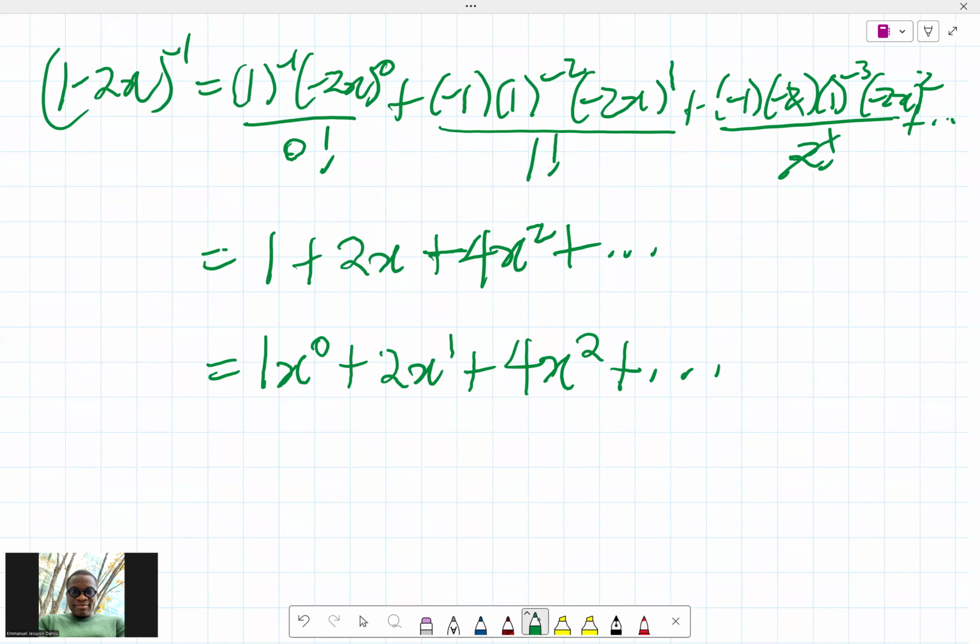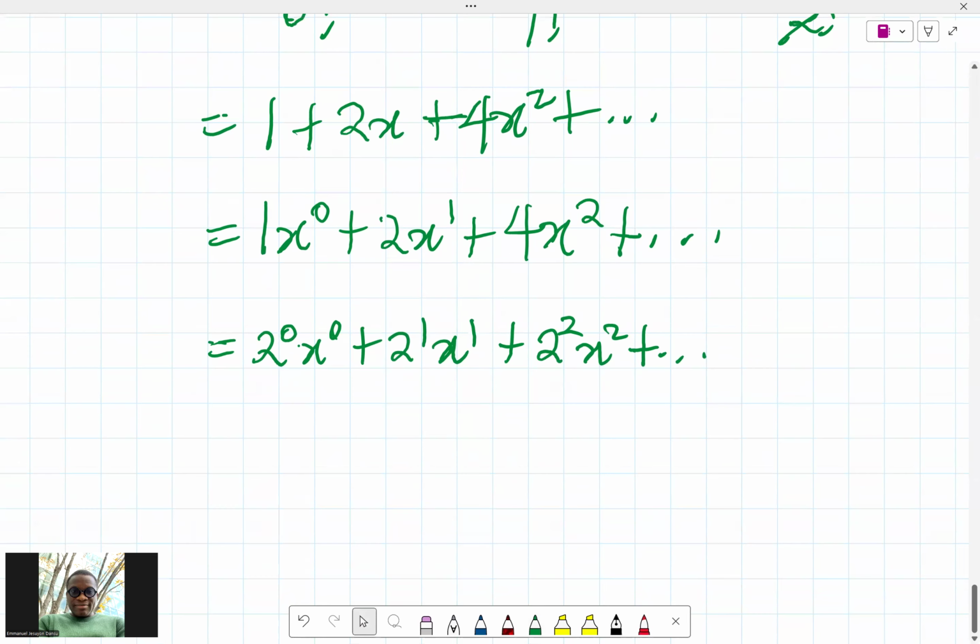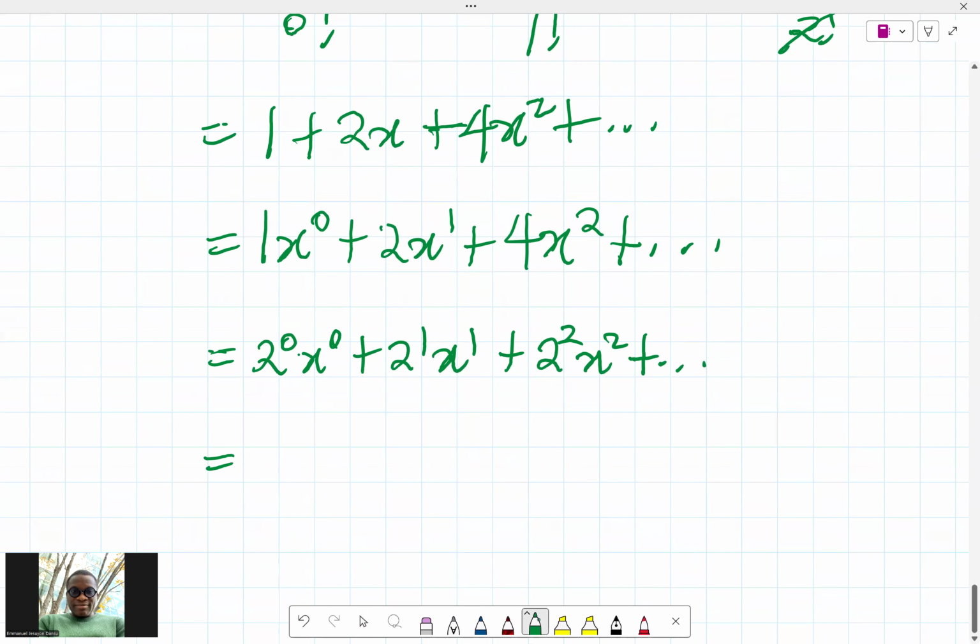The first term is 1, the second term is 2. This is power 0, right? So this is more like 2 raised to power 0, x raised to power 0, plus 2 raised to power 1, x raised to power 1, plus 2 raised to power 2, x raised to power 2. The pattern is formed, and we can see it clearly now. So this is summation from n equals 0 to infinity of 2 raised to power n, x raised to power n. That's what that clearly looks like, okay?